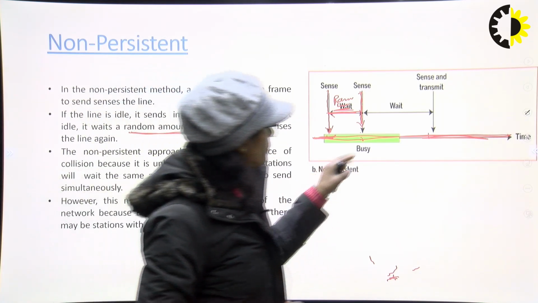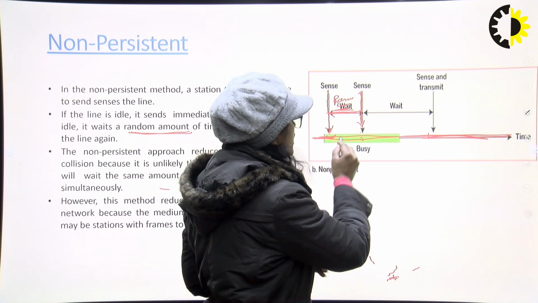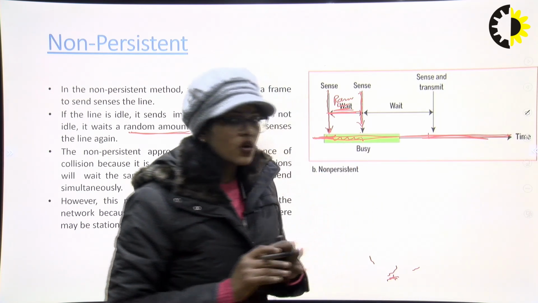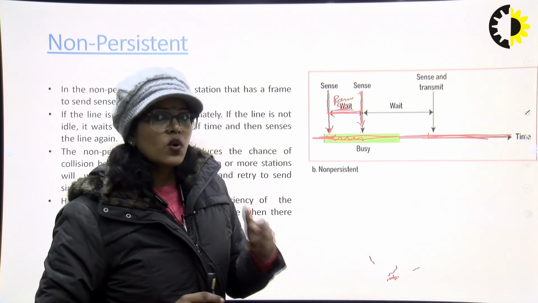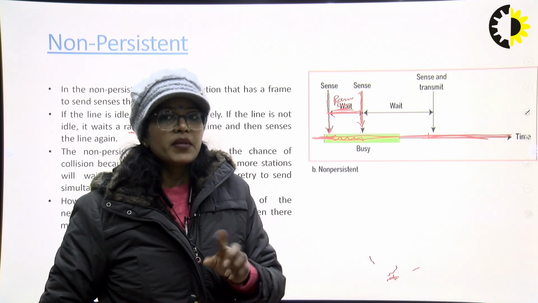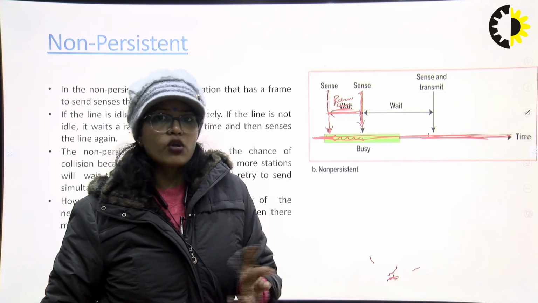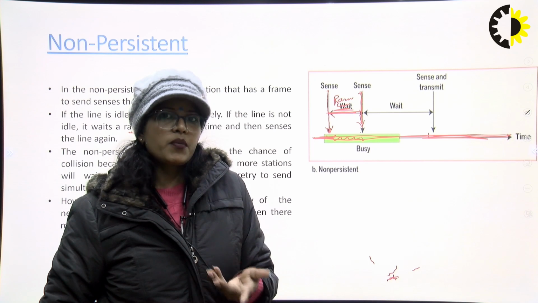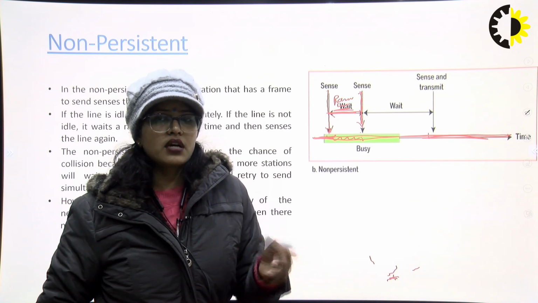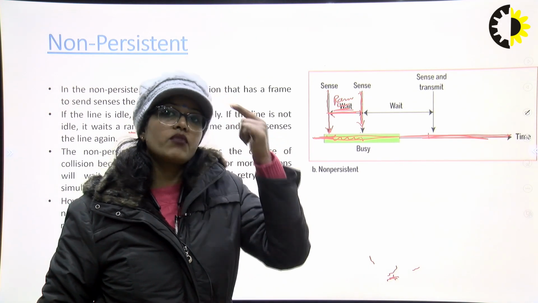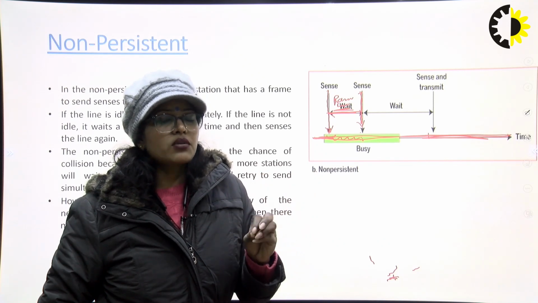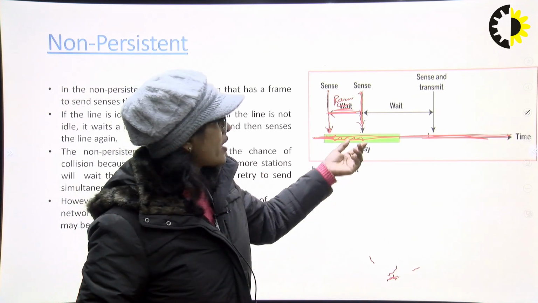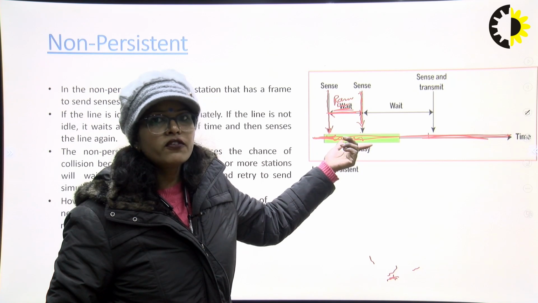So what happens here is the possibility of collision is lower, because it is not necessary that if you are waiting for 10 seconds, the other device also waits for 10 seconds. Maybe those devices are waiting for 15 minutes or 20 seconds. That's why there is less chance of collision.